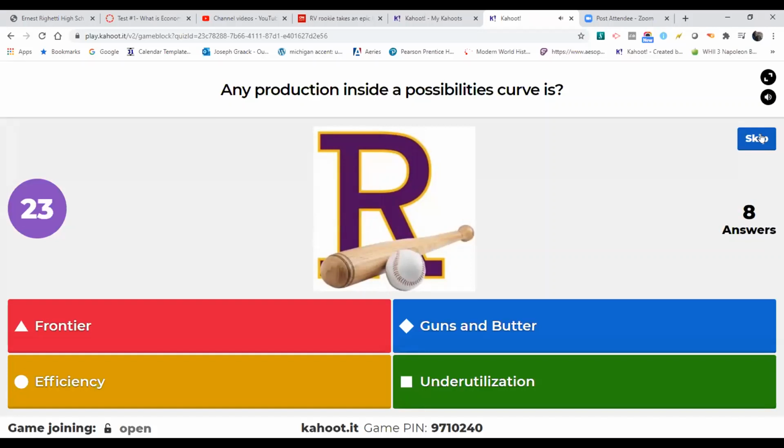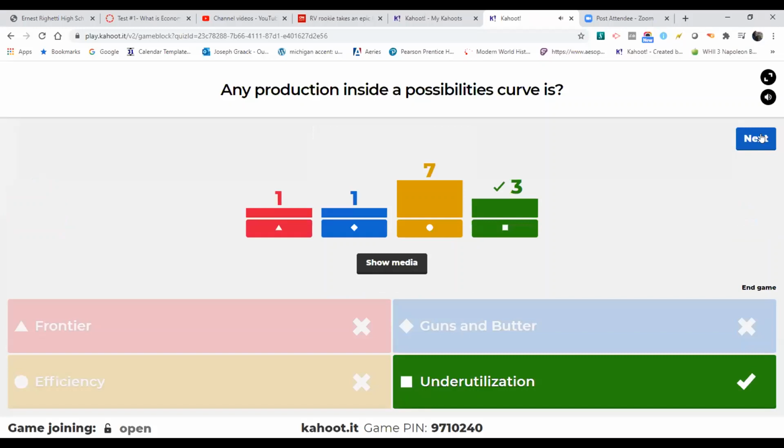Any production inside a possibilities curve is what? Underutilization, right? Underutilization is that area represented by point A. So any production inside the frontier, inside that curve, is going to be less than 100%. If it's less than 100%, you're not at full utilization. It would be underutilization. That's why that is the answer on that one.